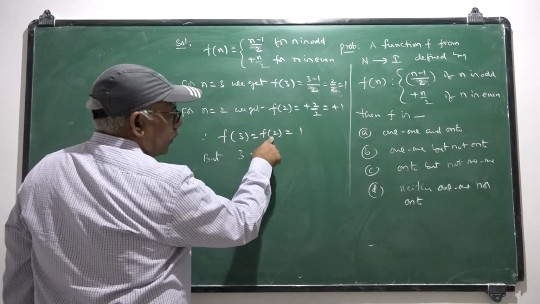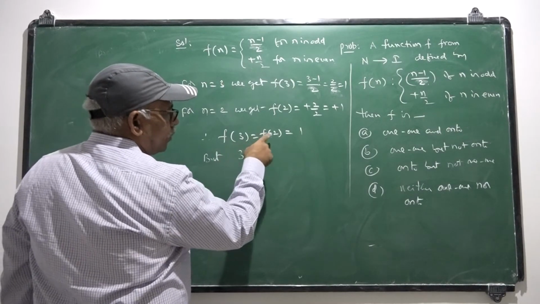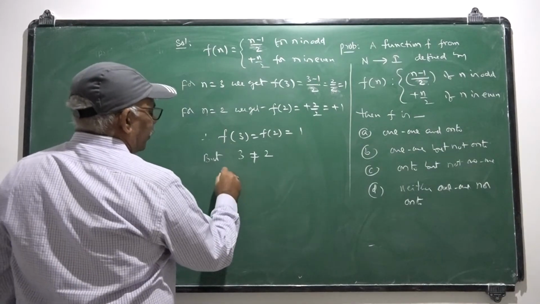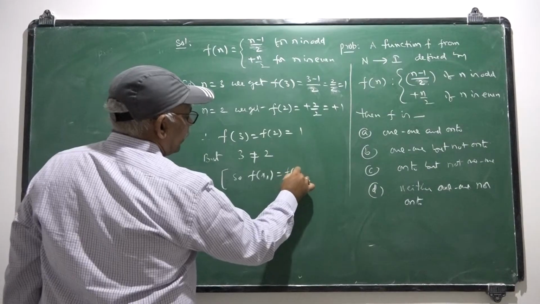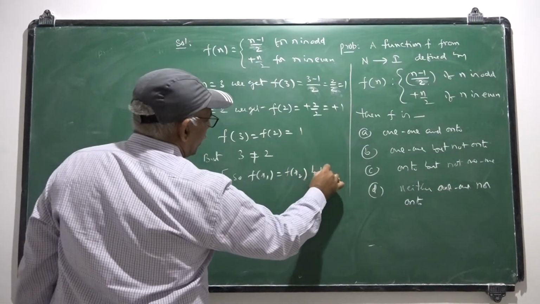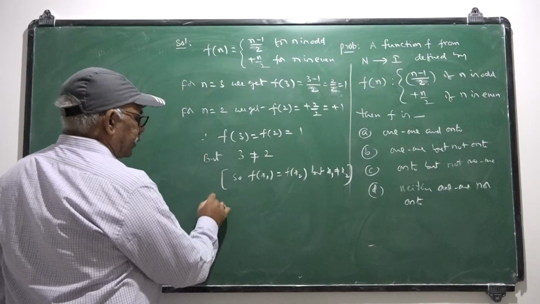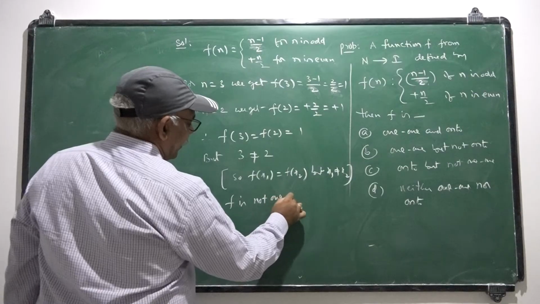F of x1 equal to f of x2, but x1 is not equal to x2. Hence f is not one-one.